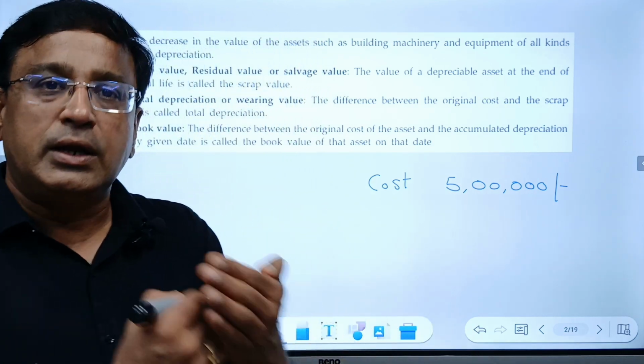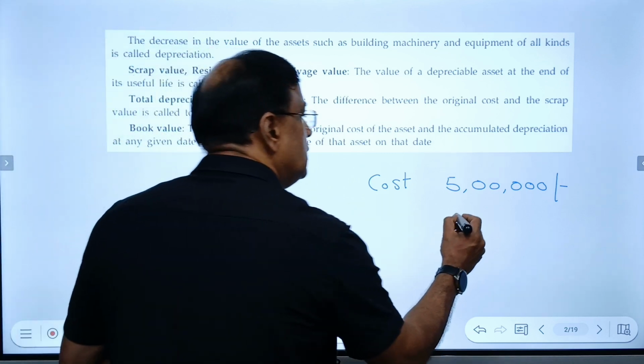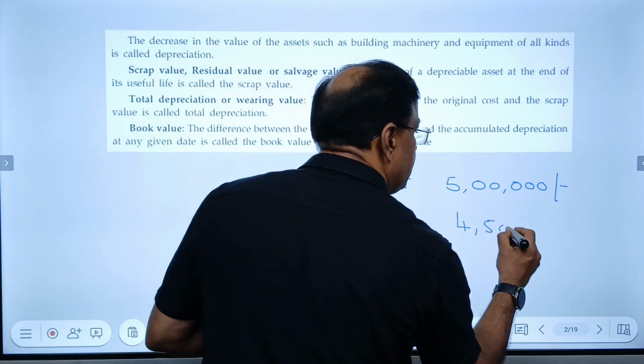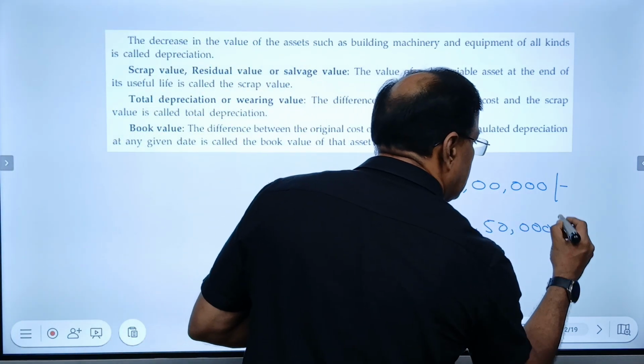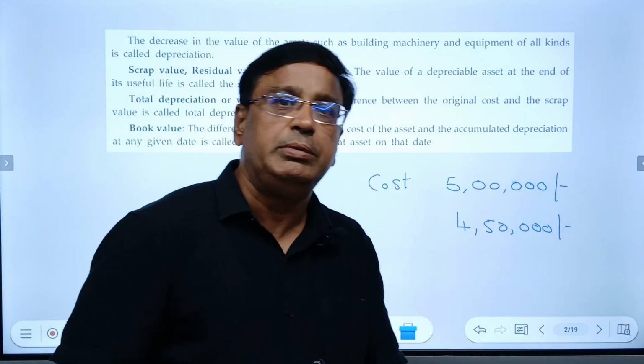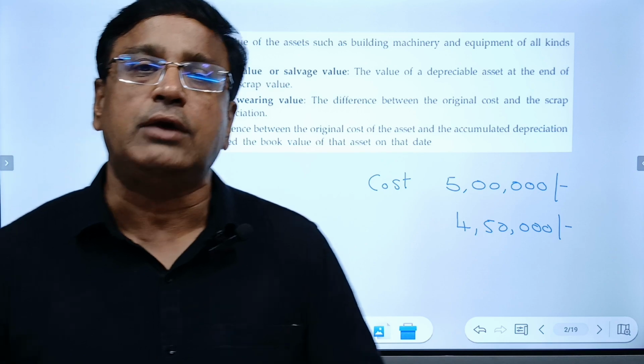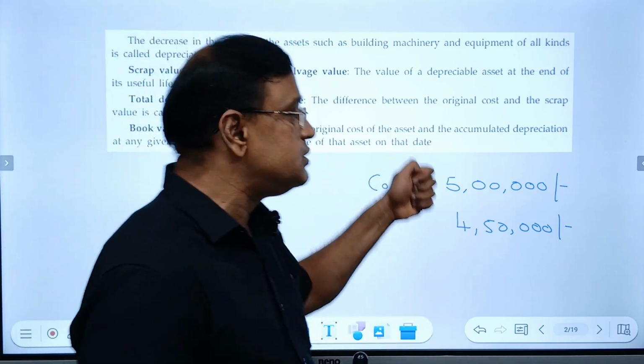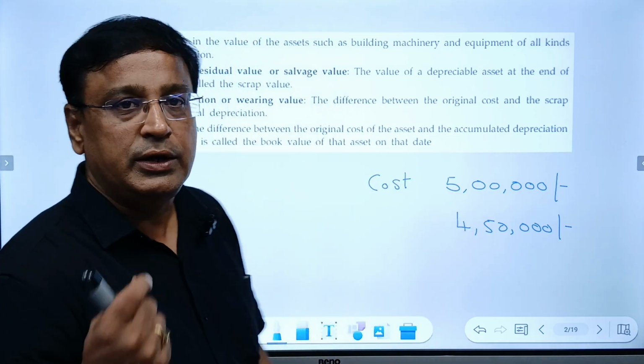So maybe the cost after 1 year will be effectively 4,50,000. You may not be able to sell the car for 5 lakhs, but you will be able to sell it at, say, 4,50,000. So it has undergone a depreciation after 1 year.